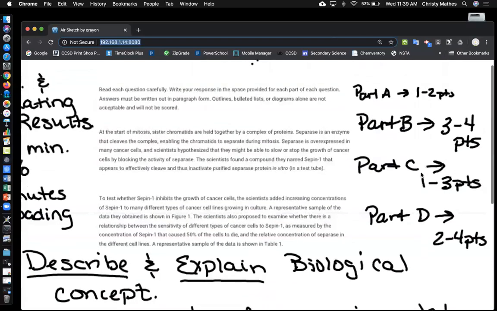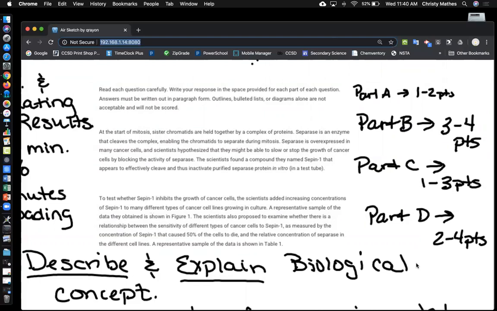And so a majority of your points are going to be on parts B and D. So if you're looking to do this simply for the fact of getting a good score, your big focus is going to be on part B and D of your first question. Not that A and C aren't important, but those B and D pieces are going to be where you have the opportunity to get the best scores.